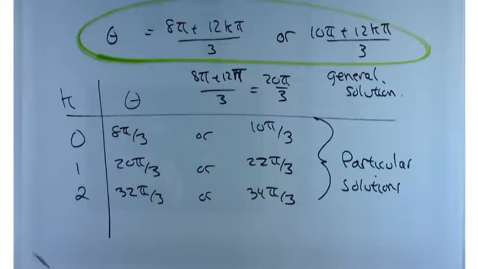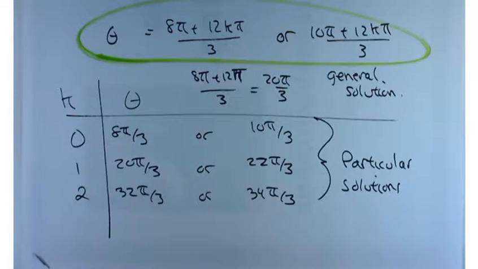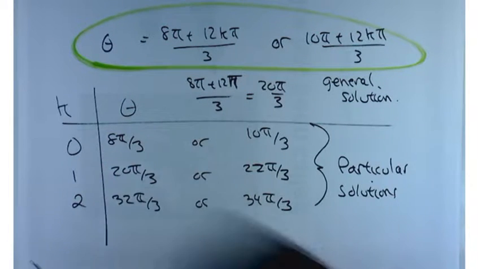What's different about this one is they're asking for general solutions, and then they want 6 particular solutions. In fact, if I was asked for solutions in the range of 0 to 2 pi, there wouldn't be any, right? Because none of these are in the range of 0 to 2 pi. We had to go up to 4 pi before we saw any solutions. So we can kind of compare things now.